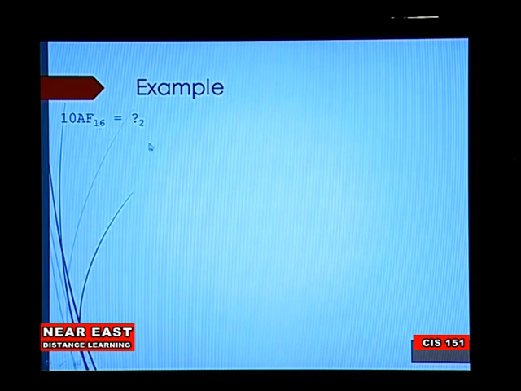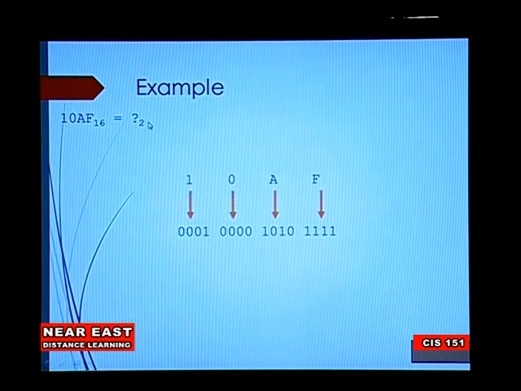Hexadecimal, base 16, to binary, base 2. We have here 10AF. Now we will write how we convert it. We write place values 1, 2, 4, and 8, again 1, 2, 4, 8, etc.